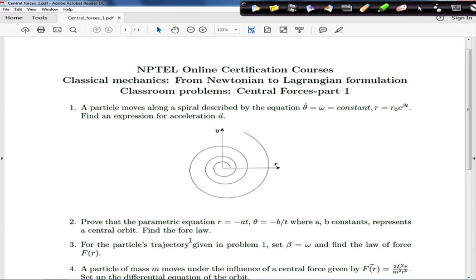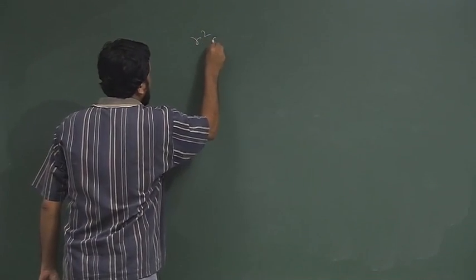Let us come to the board again. So, we have to first prove, now what is a central orbit? Central orbit means r square theta dot will be equal to a constant.